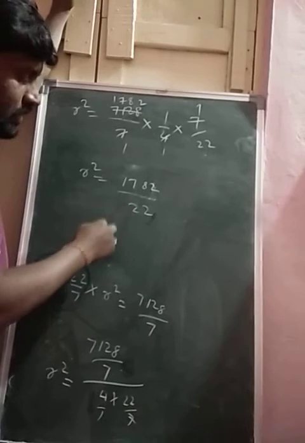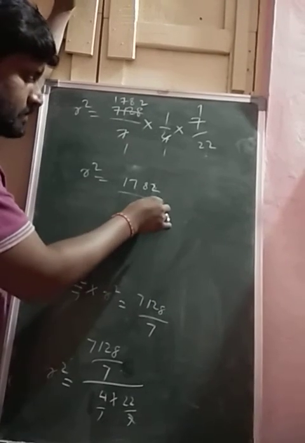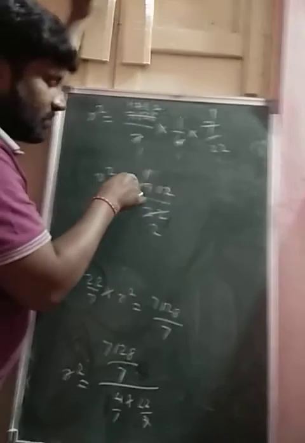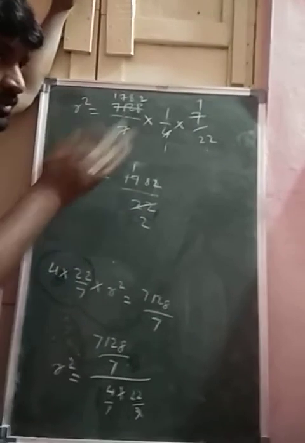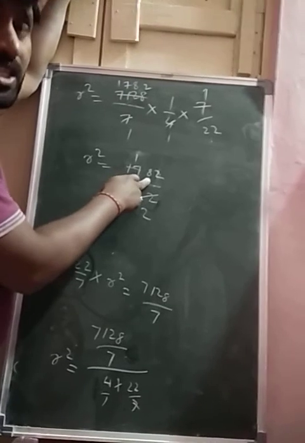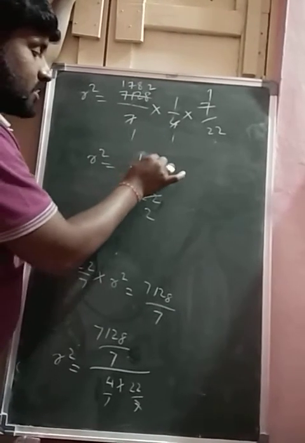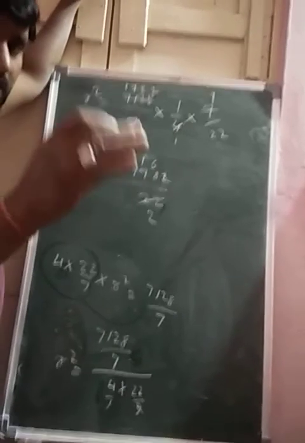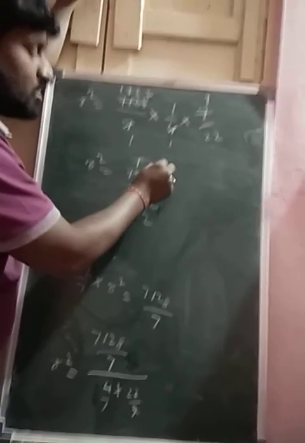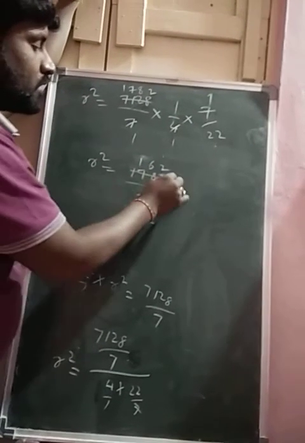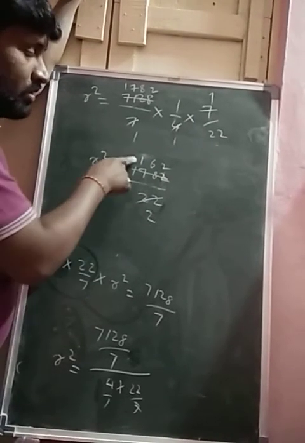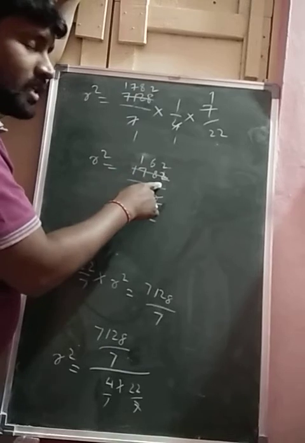I'm using 11 table. 11 2s are 22. 11 1s are 11. From 17, if 11 is subtracted, 6 remains, beside number is 8, that is 68. So 11 6s are 66. From 68, if 66 is subtracted, 2 remains, beside number also 2. So 11 2s are 22. Applying the 11 table, 11 2s are 22, 11 162s are 1782.